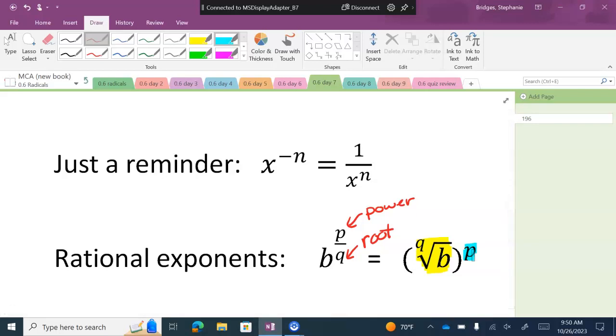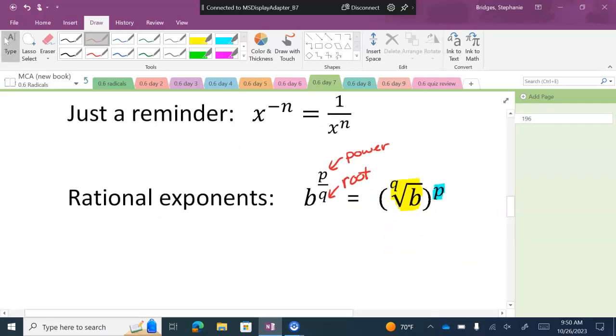Now, why are these tied to radicals? I want to show you something. If I have the square root of x, and I wanted to rewrite that with a rational exponent, x is my base.